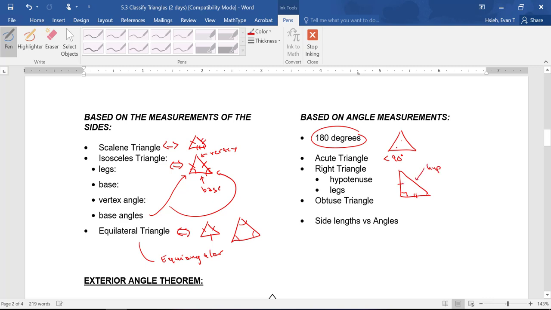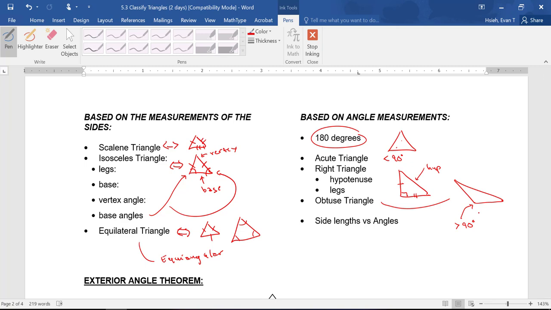These could be congruent to each other if it's isosceles. An obtuse triangle is a triangle that has one angle that is greater than 90 degrees, but less than 180.